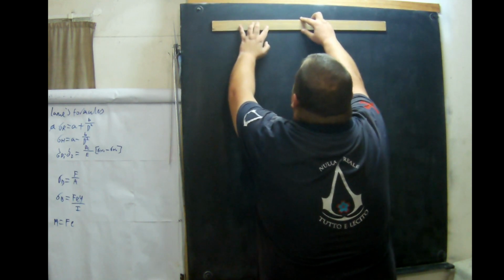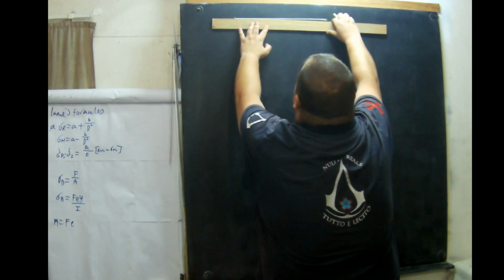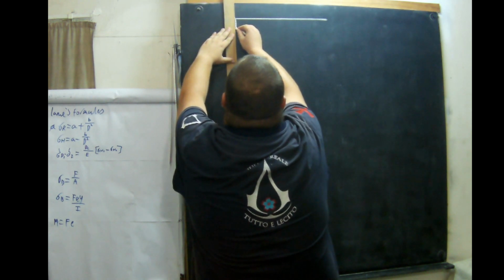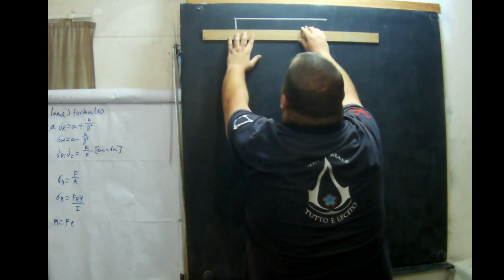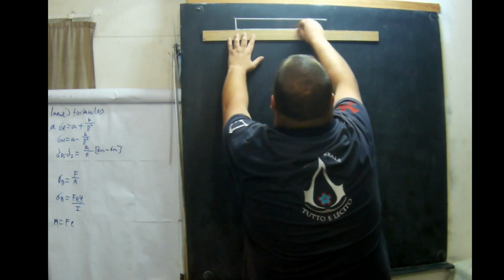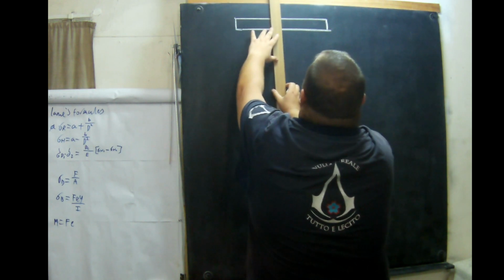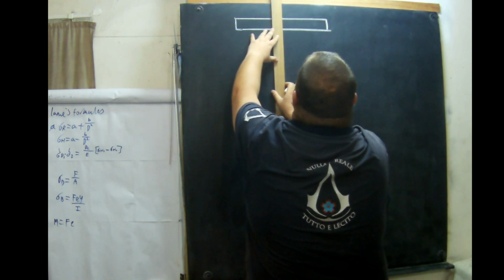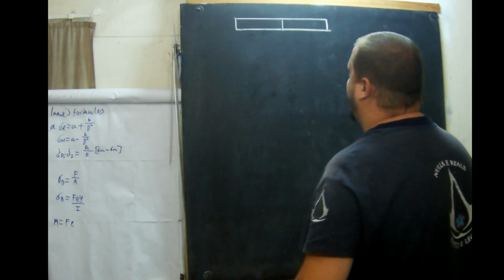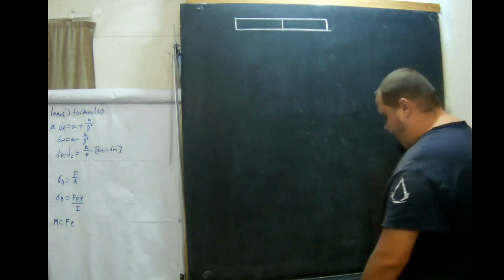What that means is that we have a beam, and our beam is welded right here in the middle. Now since this is a channel, it is a C channel.